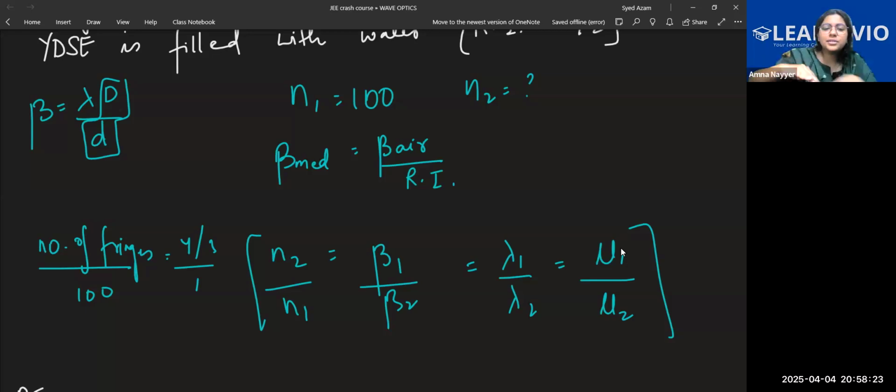The rest of the things which come in between are constant, so when you have the ratio, everything will be cancelled. Depending upon the question, in this question only these things were enough. You can calculate the value later. What will be the number of fringes? 400/3 will come. Okay, is it clear, this part?